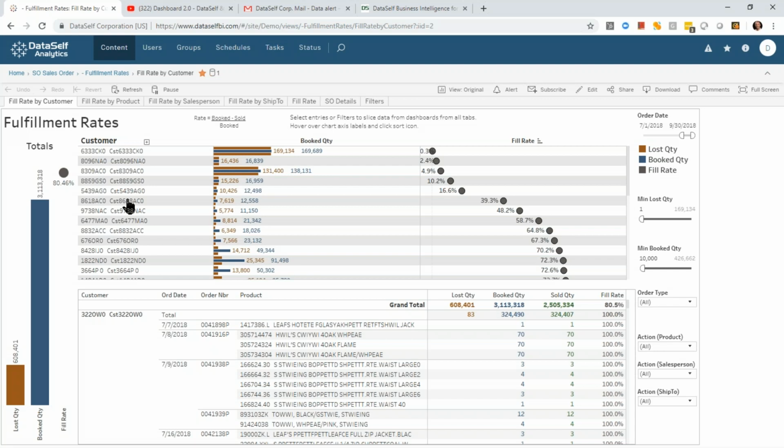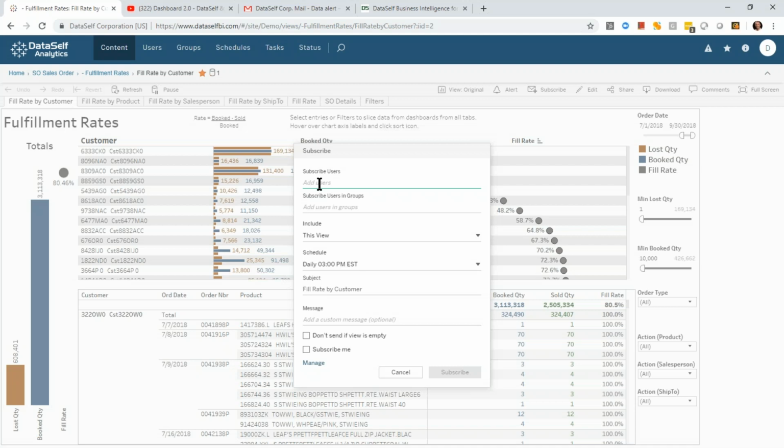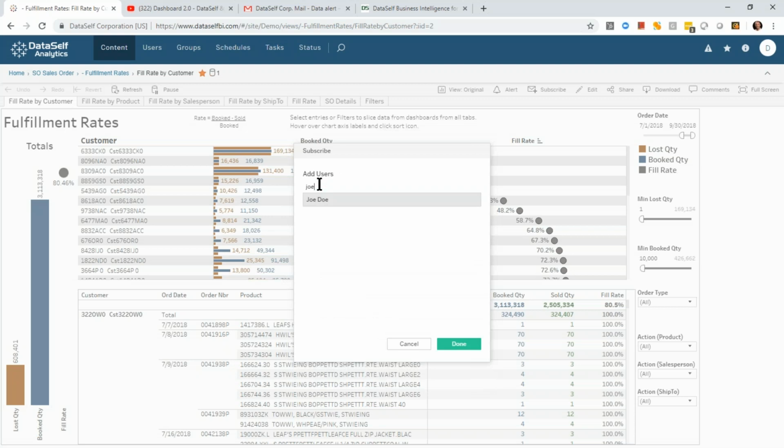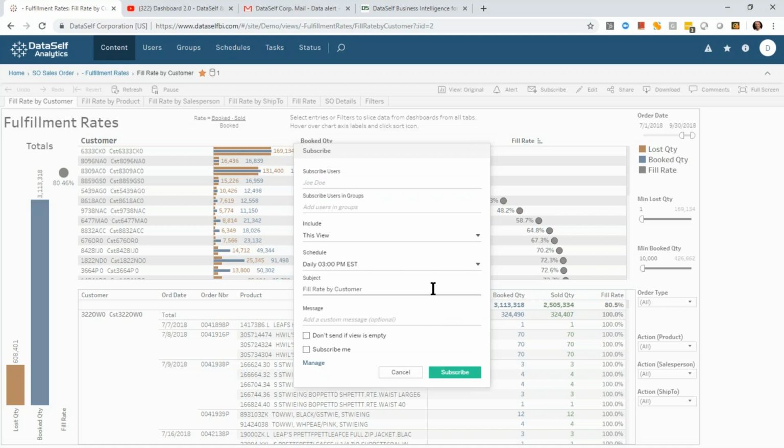So there are ways in this tool that each salesperson or the admin person can actually push these reports and dashboards to the salesperson inbox. Let's say, suppose I'm a salesperson and I want to see the fulfillment rates every day. I can click subscribe. I can go here and tell if I need to add more people to this subscription. So this could be done by an admin person to add all salespeople.